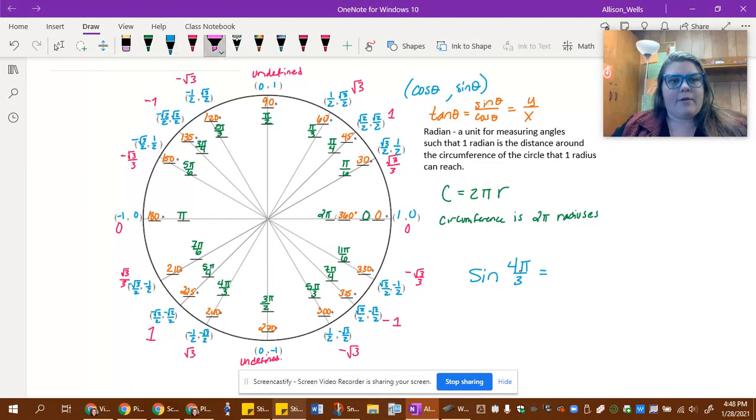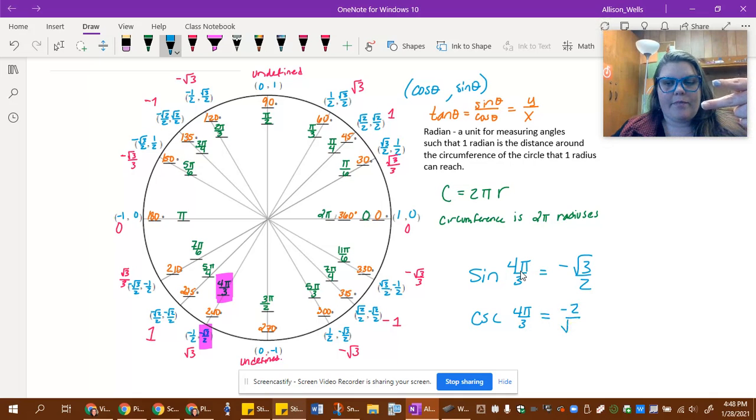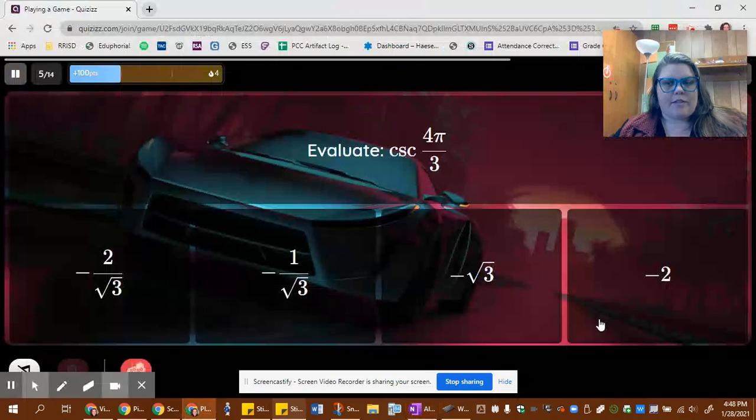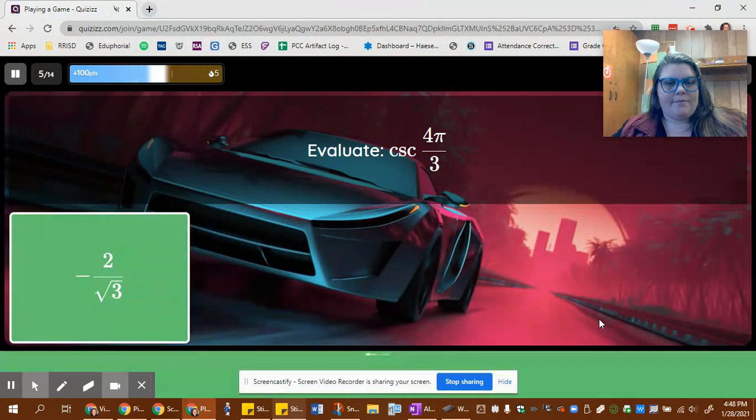So let's identify where 4 pi over 3 is down here. Sine is -√3 over 2, but that's not my answer because it was asking for cosecant. So cosecant is the reciprocal. You just flip the fraction. That should be my answer. There we go.